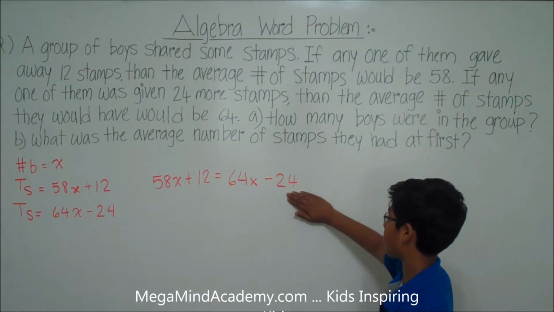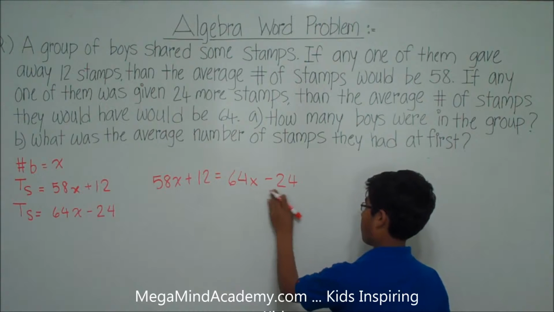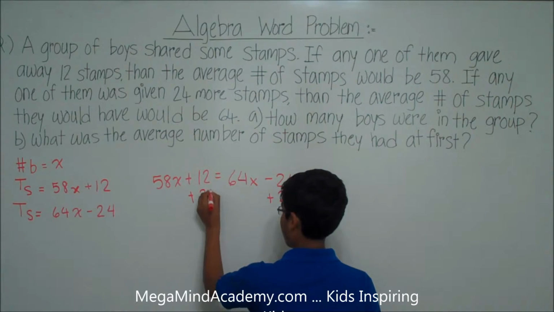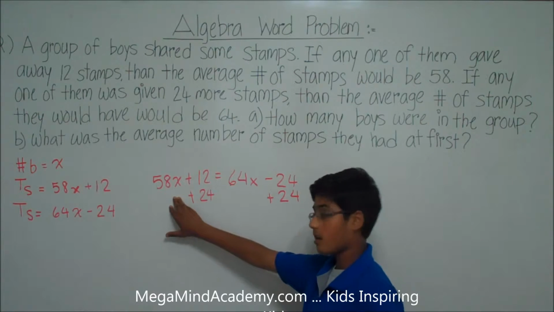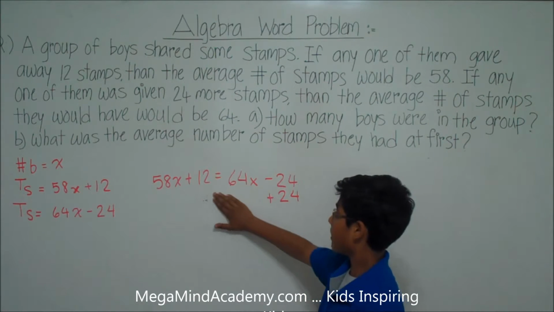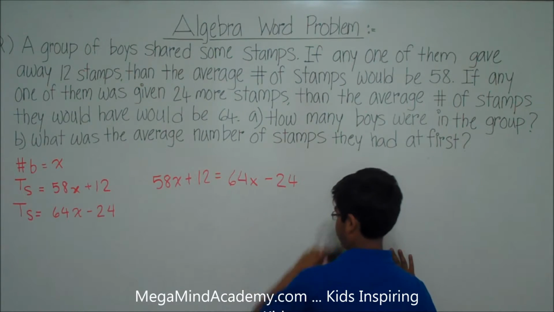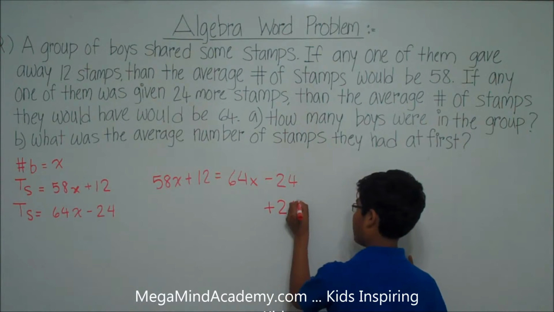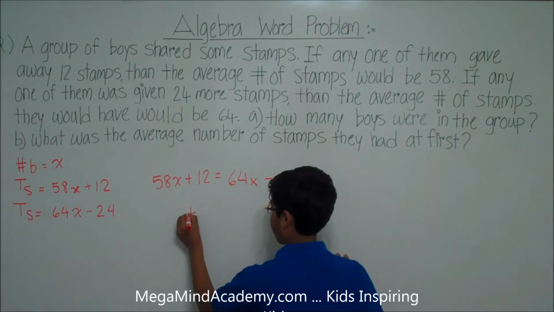Now, let's get the variables on one side and the numbers on the other side. We can get rid of this 24 from this side by adding 24 to both sides of the equation. So plus 24, plus 24. Let's make the gap between these two equations bigger.